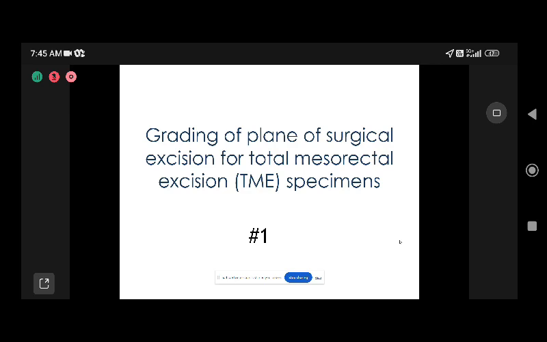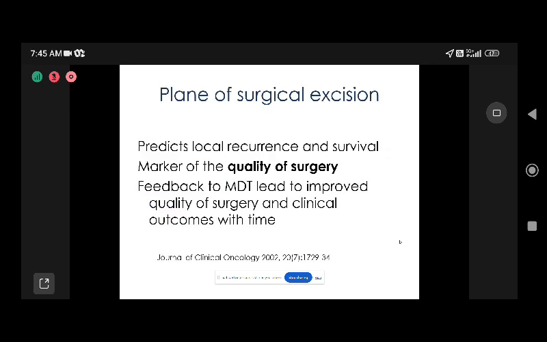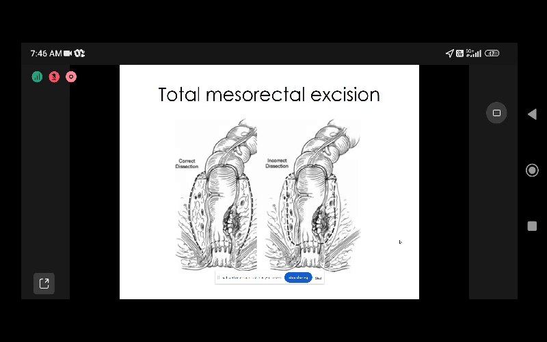Before opening, we also grade the plane of surgical excision for total mesorectal excision specimens. Now, TME is the gold standard for surgery for rectal cancers, and the plane of surgical excision, where the dissection plane has gone through, predicts the local recurrence, and it's a marker of the quality of the surgery. This is information that the pathology report can provide as feedback to the multidisciplinary team to improve the quality of surgery, and it also correlates with outcomes with TME.